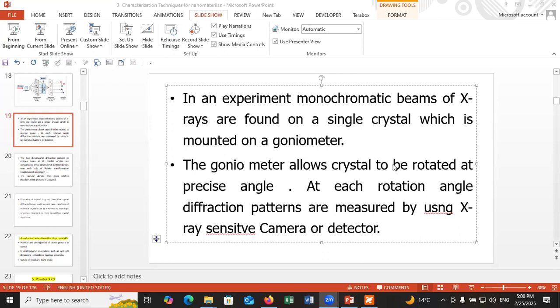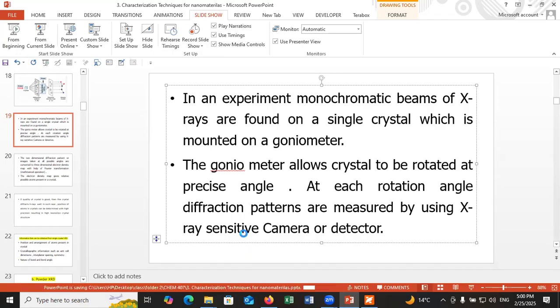The goniometer allows the crystal to be rotated at a precise angle. At each rotation angle, diffraction patterns are measured by using an X-ray sensitive camera or detector.